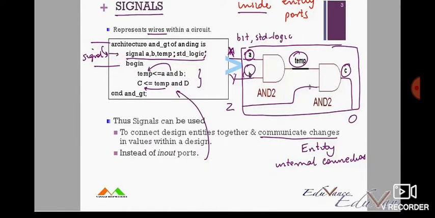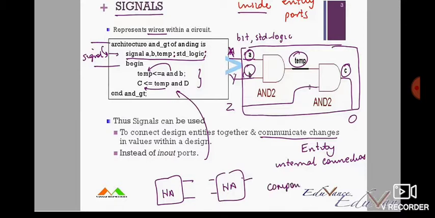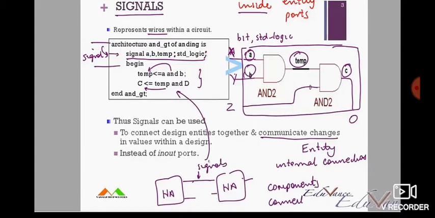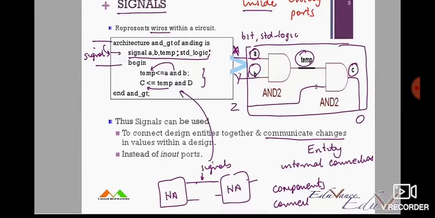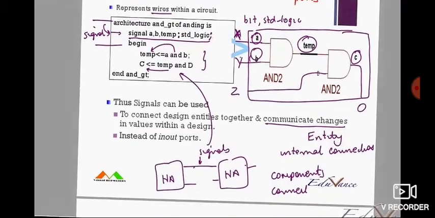So for example, if I have a half adder and if I would like to connect it to another half adder, I can specify these half adders as components and I can connect these components using signals. So I hope that this basic introduction on signals is clear, because we will be using these signals very often.